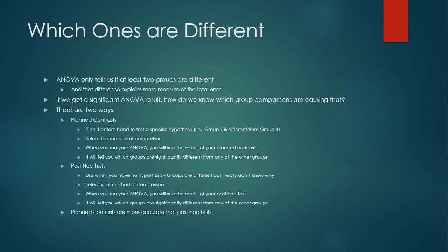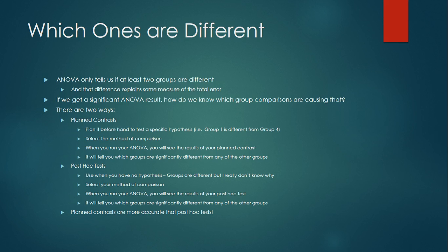Then we remove control out, and we compare treatment 1 to the other 2 treatment conditions. Then we take treatment 1 out, and lastly we compare treatment 2, I guess group 3, to group 4. And so we go 2 by 2 and figure out which ones are statistically significant. The planned contrast will do that, and there are varying ways of doing planned contrasts, but that's one way we can do it.